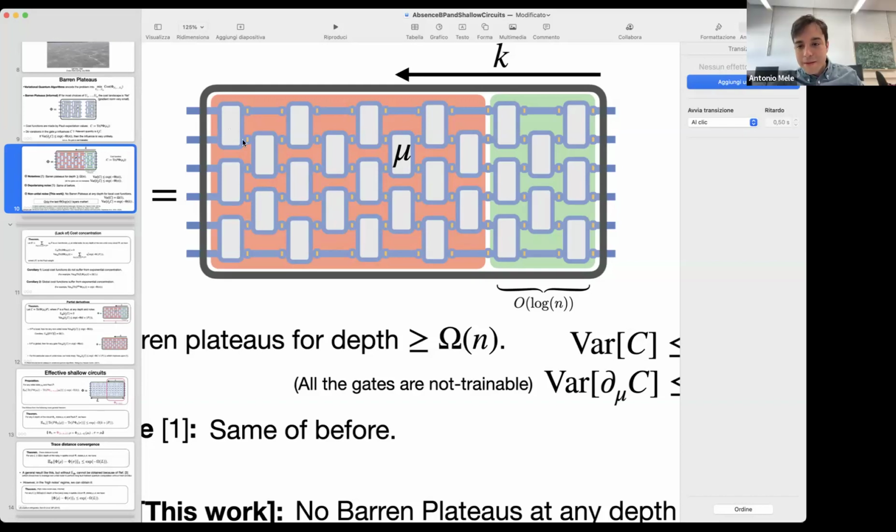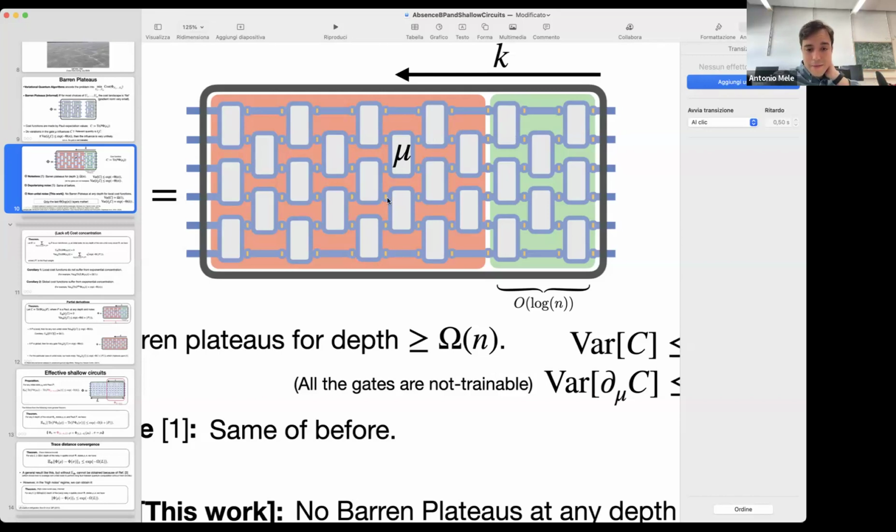Also, for intuition about the absence of barren plateaus and why the last log n layers matter: think about a probabilistic reset like amplitude damping, where with some probability you reset your qubits. If both these qubits are reset, then if you have a Pauli here, these two-qubit gates will matter a lot. This is the intuition of our results.